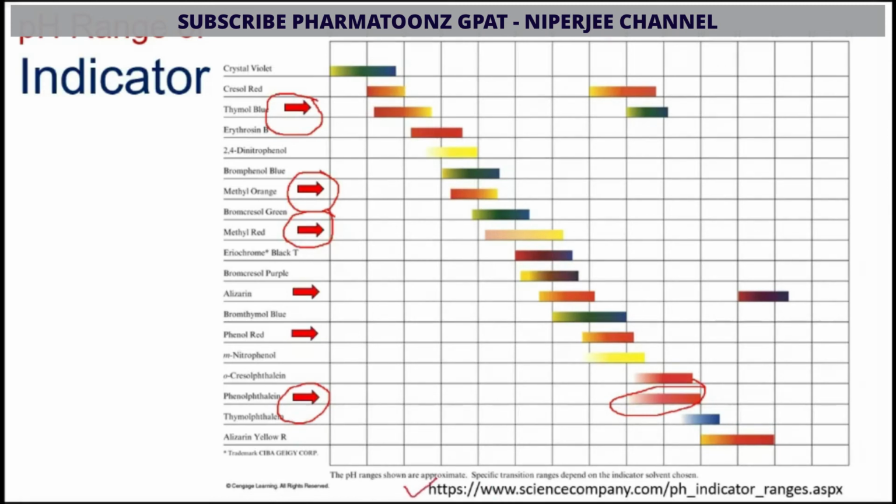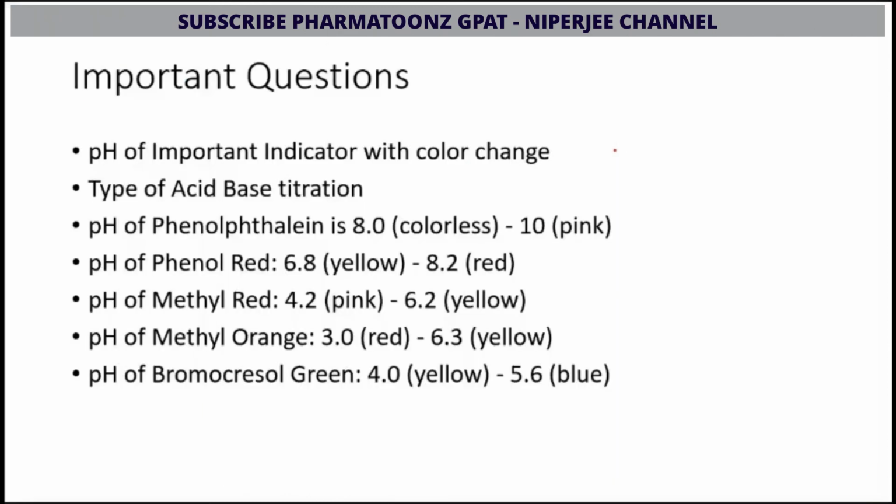I have also given this website where you can refer to the pH of each and every indicator that I have shown here. Thymol blue again has two different pH ranges, one acidic and one basic, depending on the solution in which it has been prepared. So an important question from this acid-base titration is the pH of the important indicators, as we discussed, phenolphthalein as well as methyl orange.